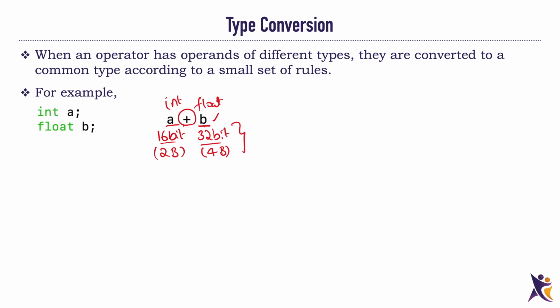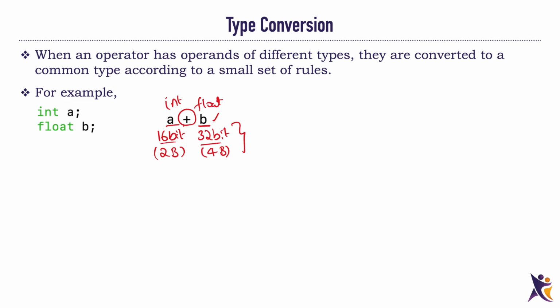If I want to perform an addition operation on these two variables, then the compiler will not allow me to do that directly, because the compiler requires all the operands in an expression to be of the same type. So what the compiler does is it converts one of these operands from its type to another type, so that all the operands will be of the same type.